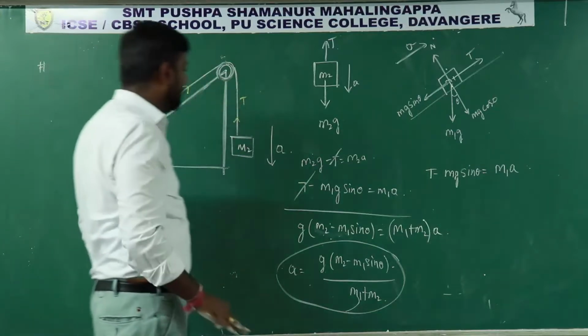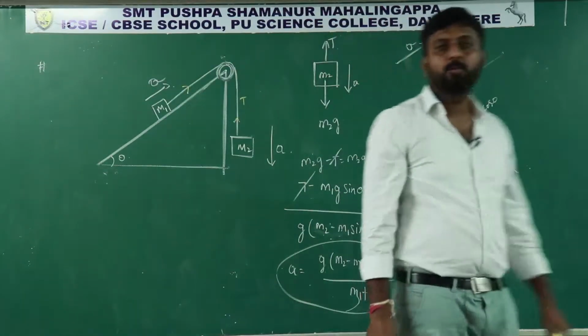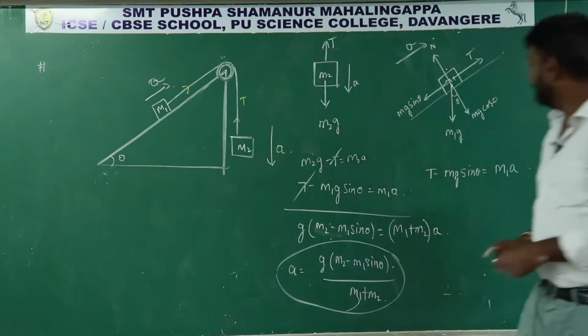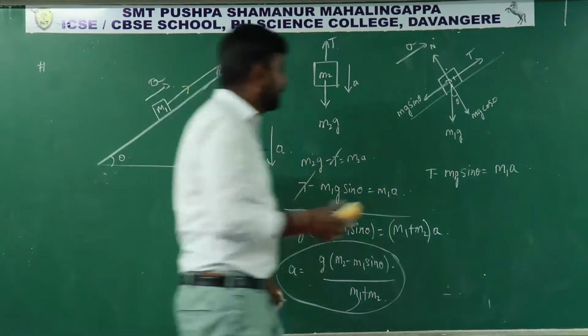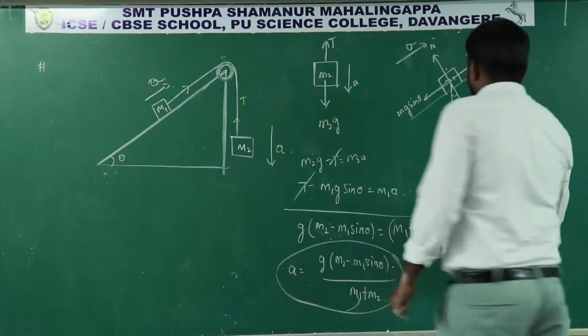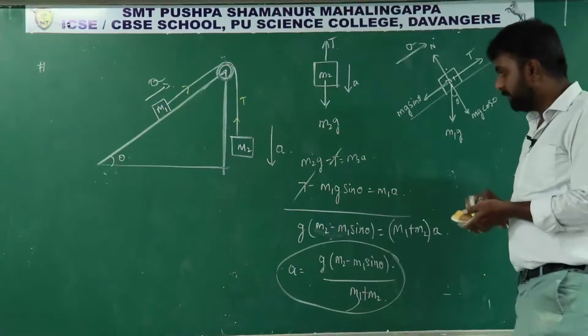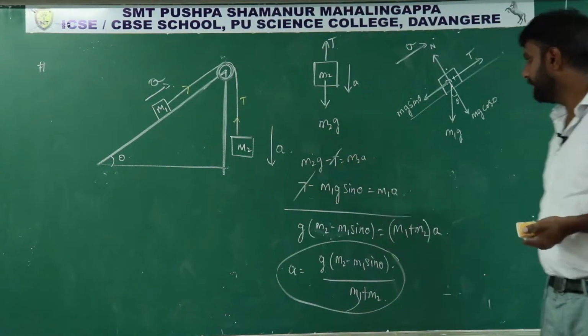With this acceleration, these blocks will move. And next we have to find the tension force, isn't it? To find the tension force, I will take this expression: m2g minus T is equal to m2a.